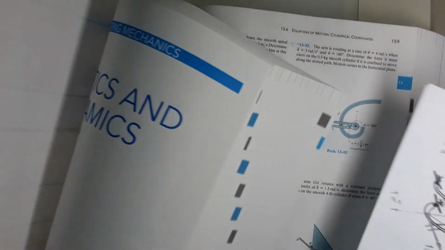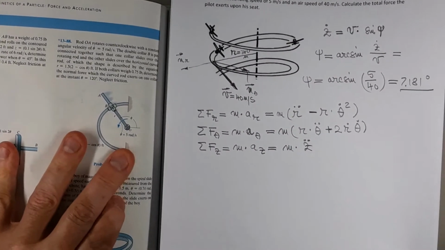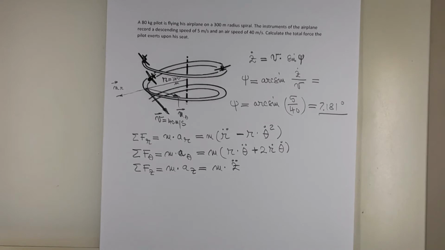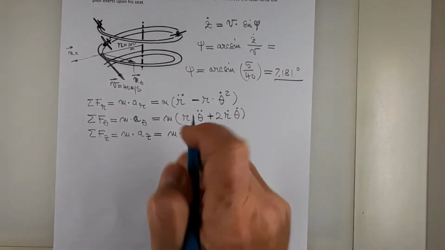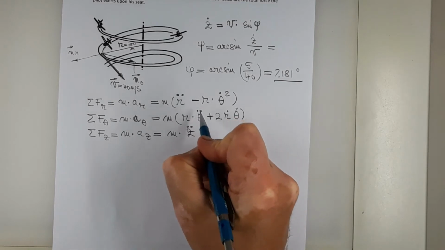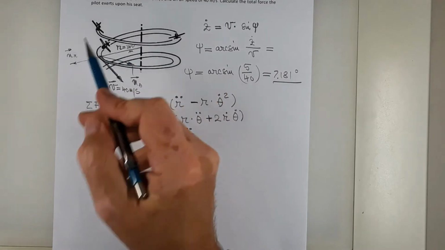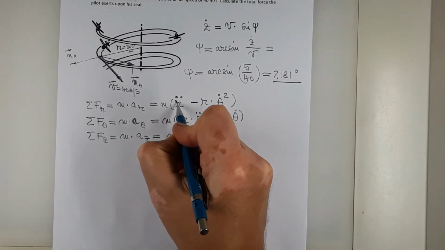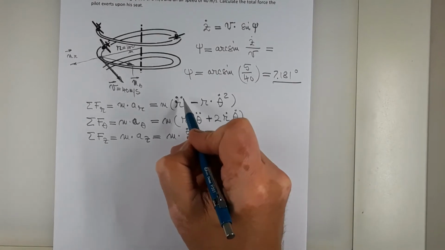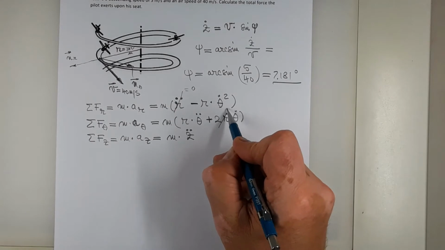Clearly, r dot and r double dot are 0 because the helix is defined as a constant-radius cylindrical helix. So this equals 0 as well as this one equals 0.